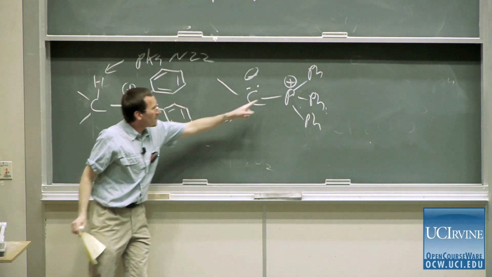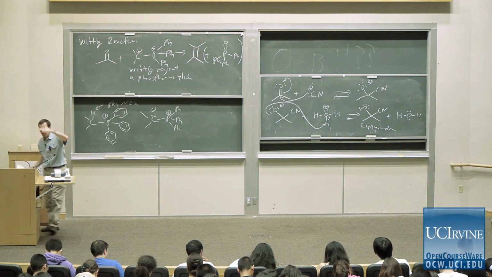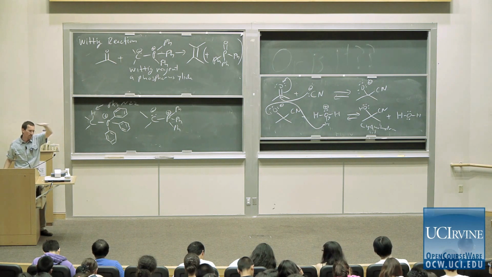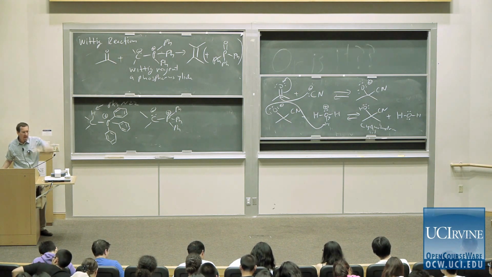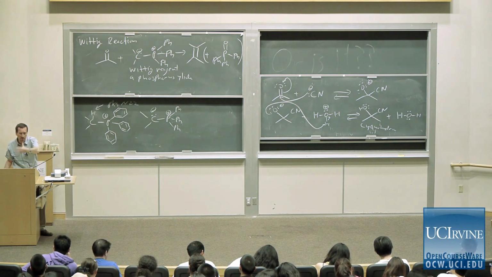The other thing that's specially stabilizing about phosphorus is in that row of the periodic table. It's down from the row from carbon and oxygen and nitrogen and fluorine. It's in the row of the periodic table where you can invoke d electrons, where you have d orbitals.